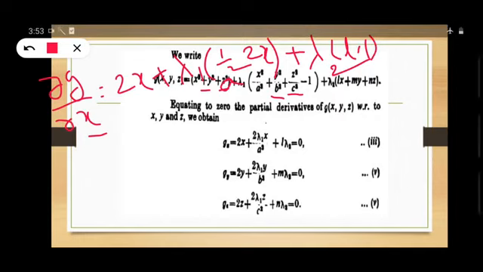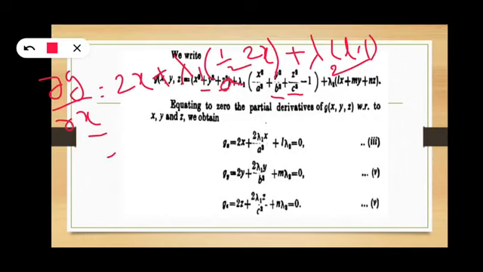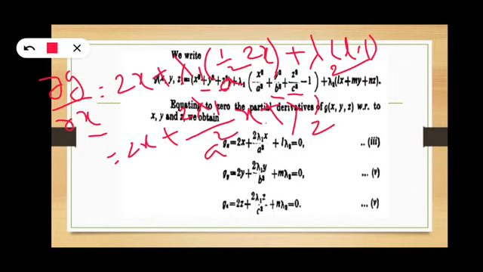So we write here 2x plus 2 lambda 1 by a square of x plus lambda 2 l is equal to 0. This is gx, which means dou g by dou x.